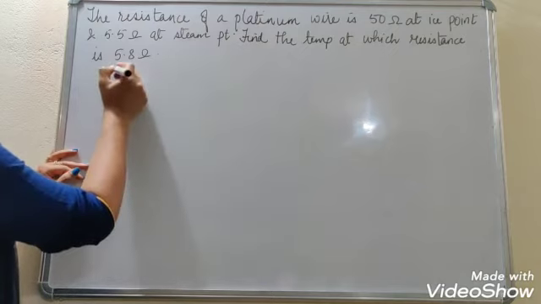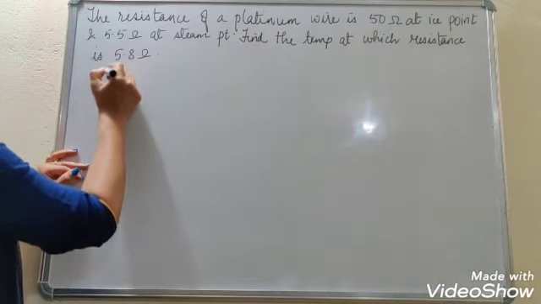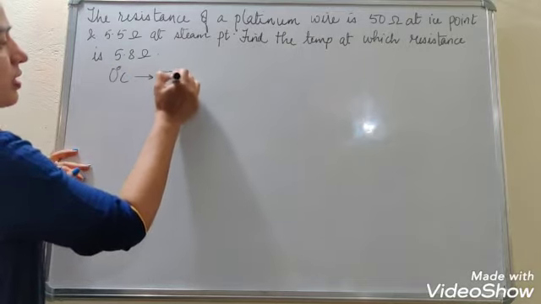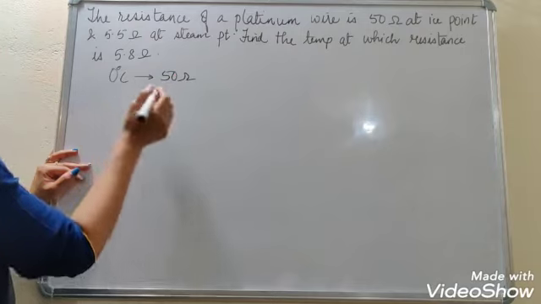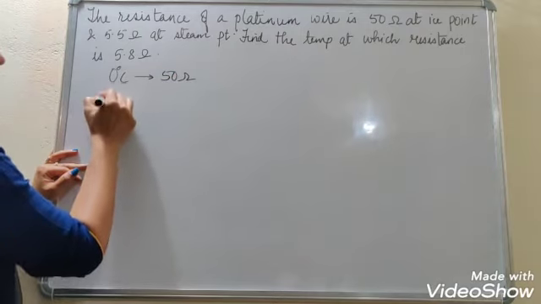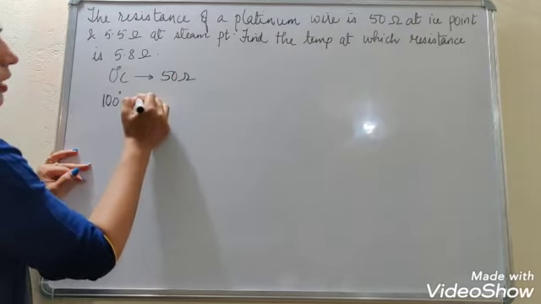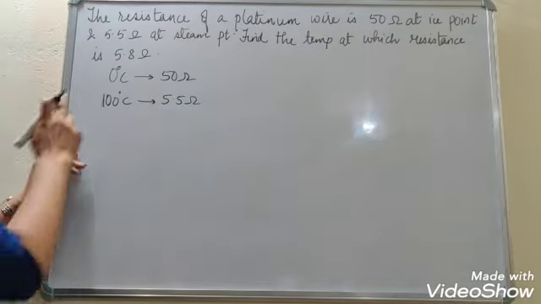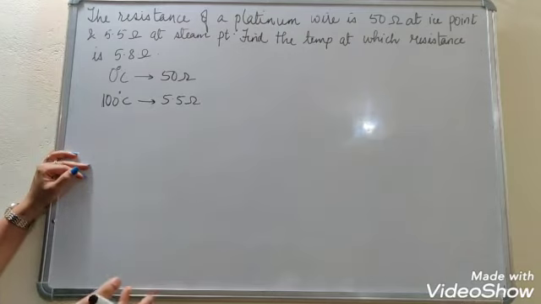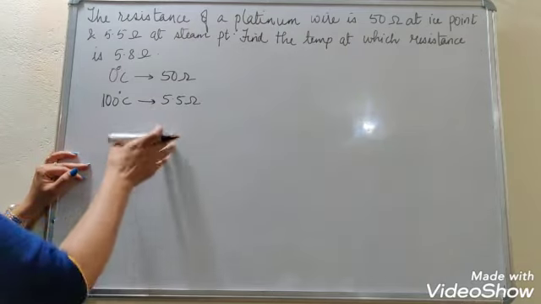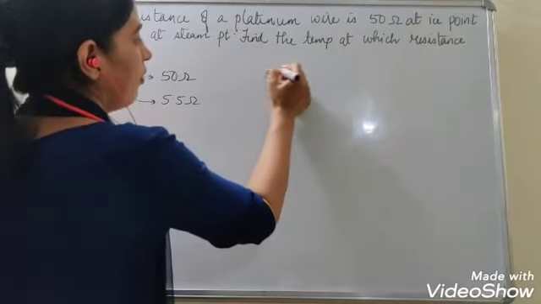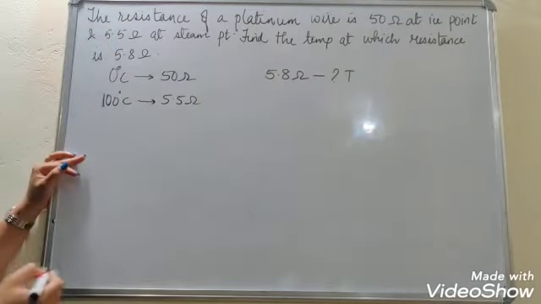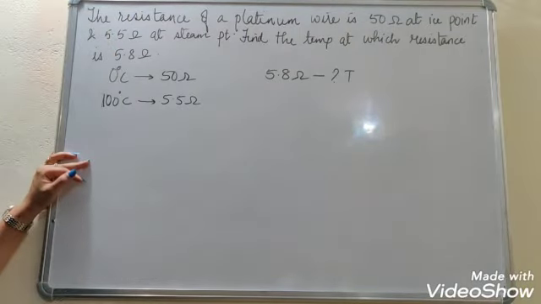The resistance is 5 ohm at ice point, that means at 0 degrees Celsius, and at steam point, that means at 100 degrees Celsius, the resistance is 5.5 ohm. So here the change in resistance and change in temperature is given. We have to find at what temperature the resistance will be 5.8 ohm.